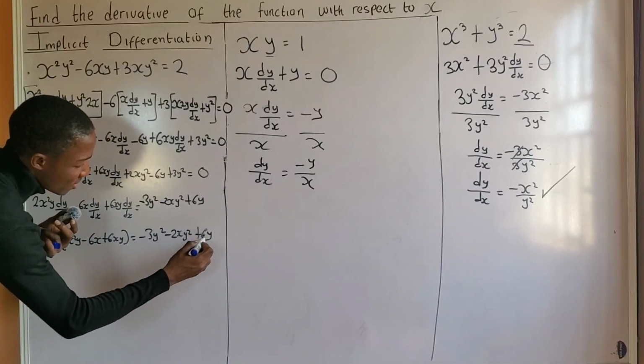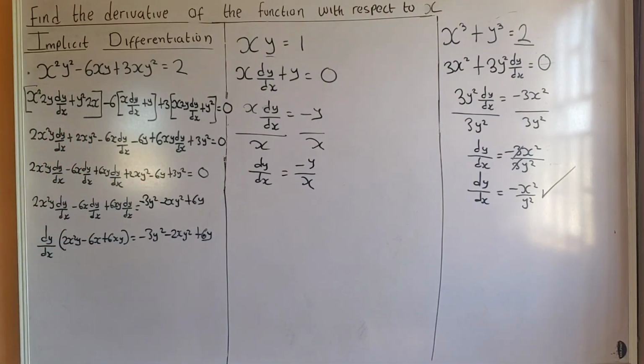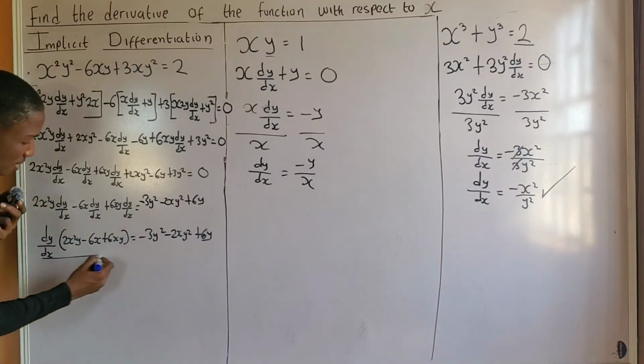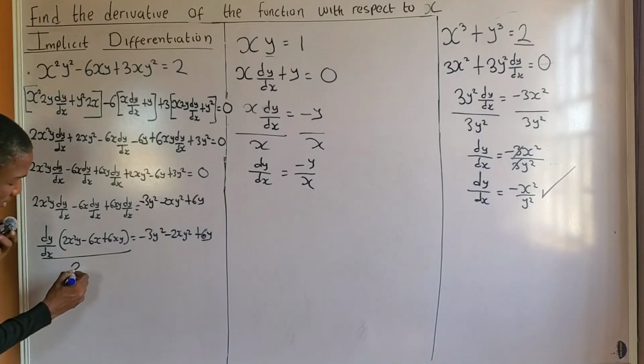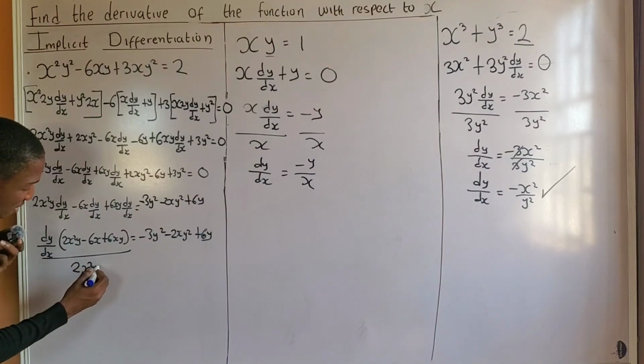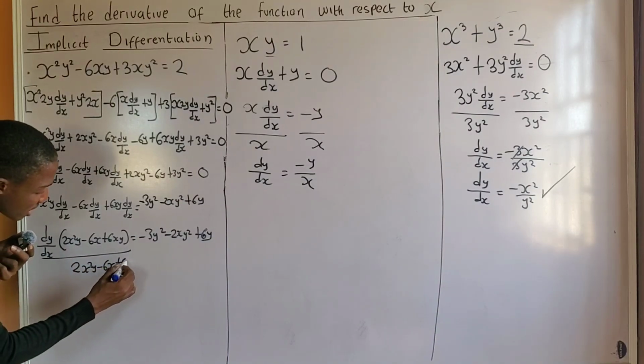Okay, now having got to this point, to get the value of dy/dx, I'm going to divide both sides by 2x squared y minus 6x plus 6xy.